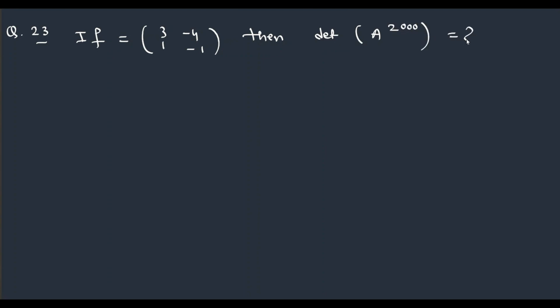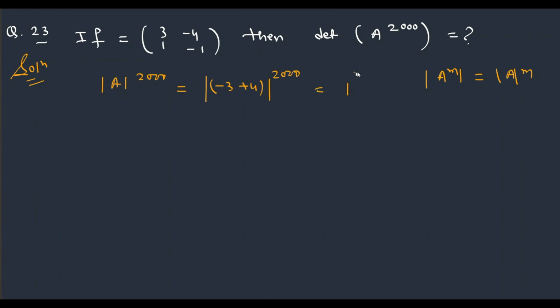Now this is equal to 3 into minus 1 minus 3 plus 4, this is the determinant value, whole power 2000, that means 1 power 2001.